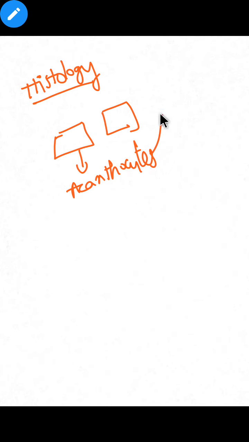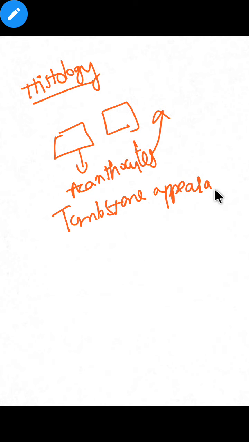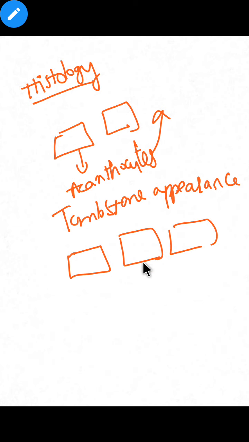These acanthocytes are seen under microscope. And one more I told you is tombstone appearance, right? This tombstone appearance also will be seen under microscope. Tombstone appearance in the sense, these separated acanthocytes give the appearance of tombstone.